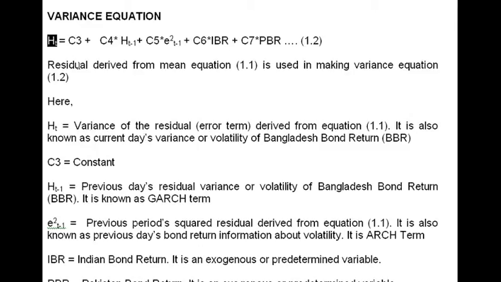That means today's fluctuation depends on yesterday's fluctuation. Today's fluctuation is influenced by yesterday's fluctuation, which is HT minus 1.